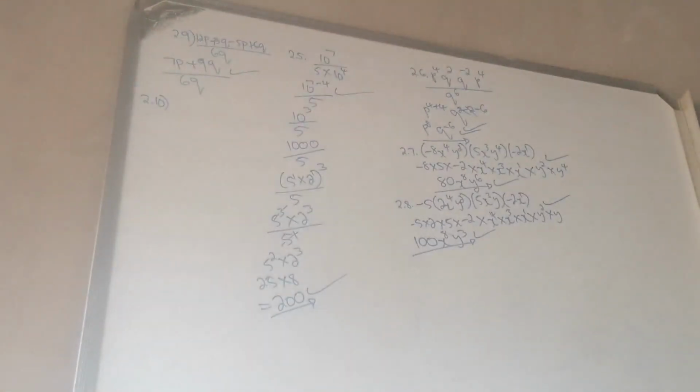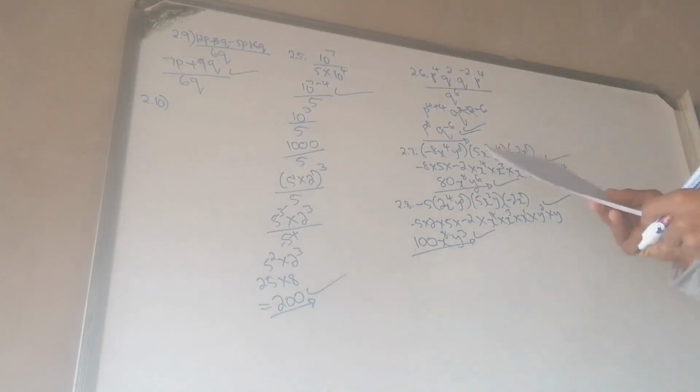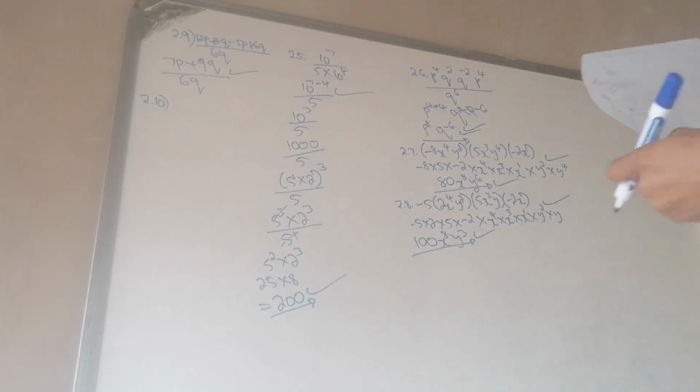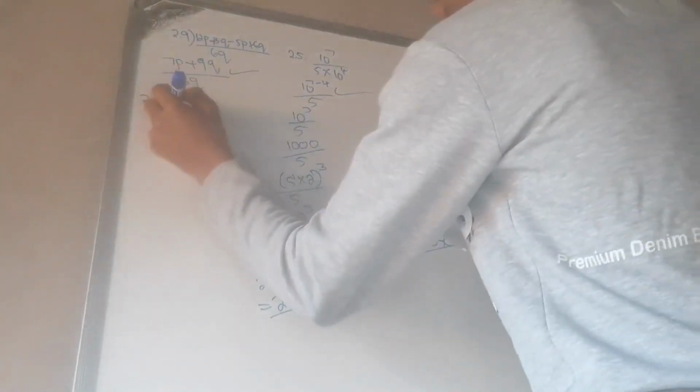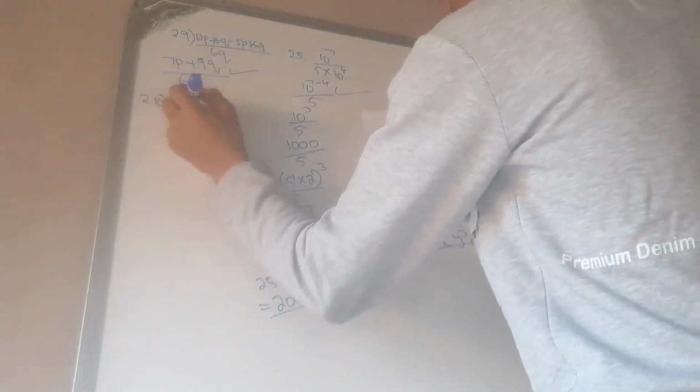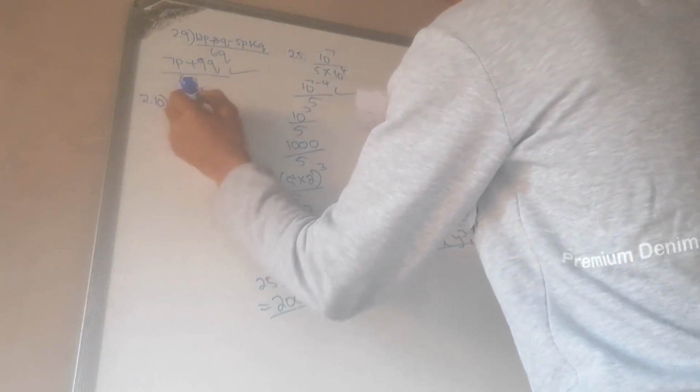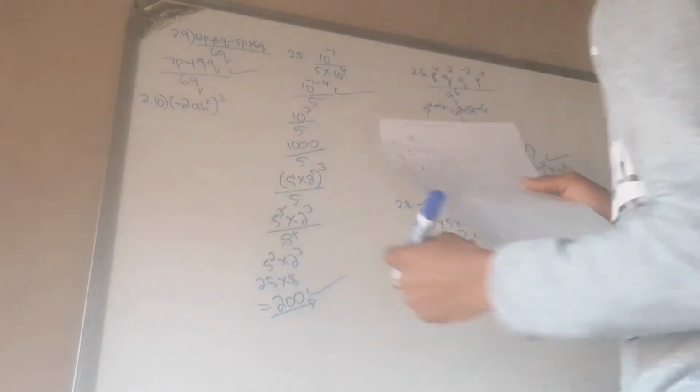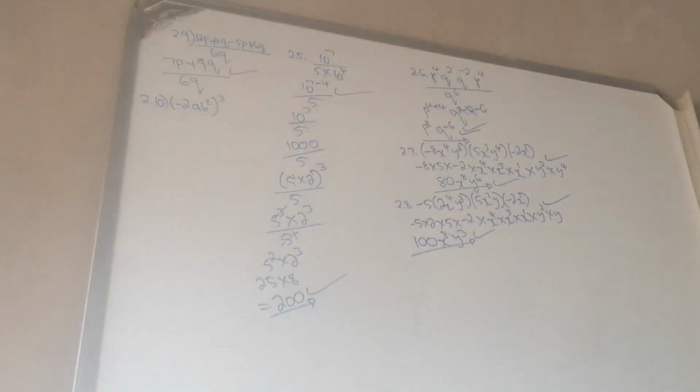2.10. We copy the wrong one. Negative 2, AB squared, exponent 3.